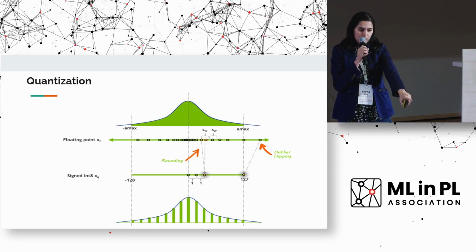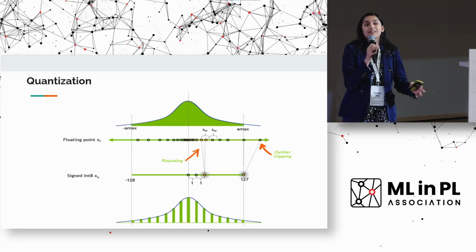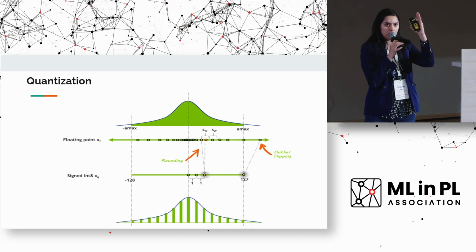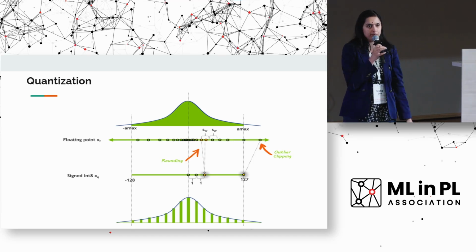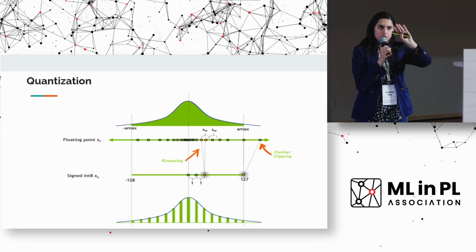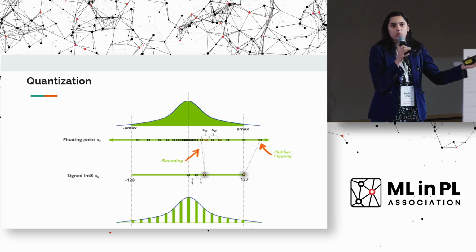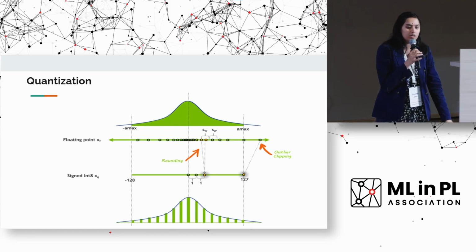So what you see at the top there is the distribution of floating point values. Now, a very naive way of doing this would be, okay, I'm going to equally space every bin, and every value that lies in that bin will be given one particular value, and that saves me a whole bunch of bits to save that value.